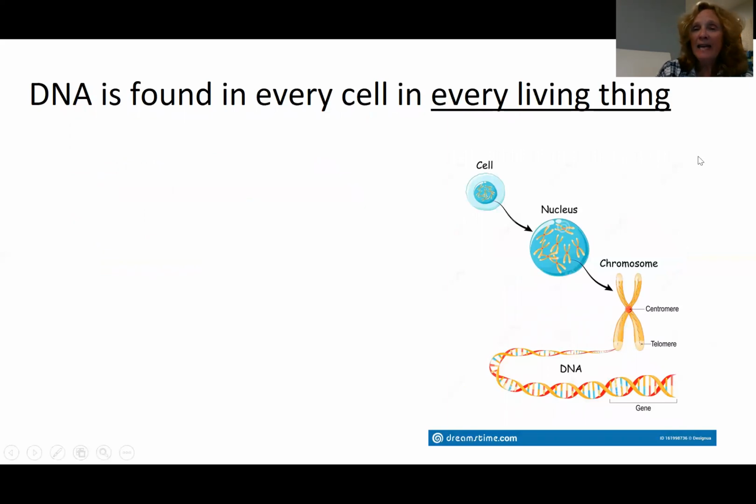DNA is found, and what's so key about this, in every cell in every living thing. And so when you take that cell and you look at the nucleus and where that DNA is, when DNA is being requested to make something, it's going to have to duplicate itself.